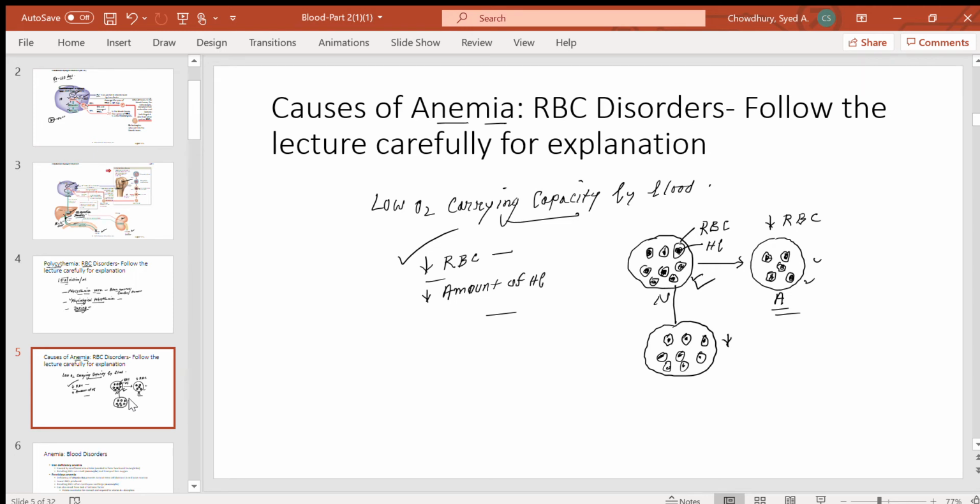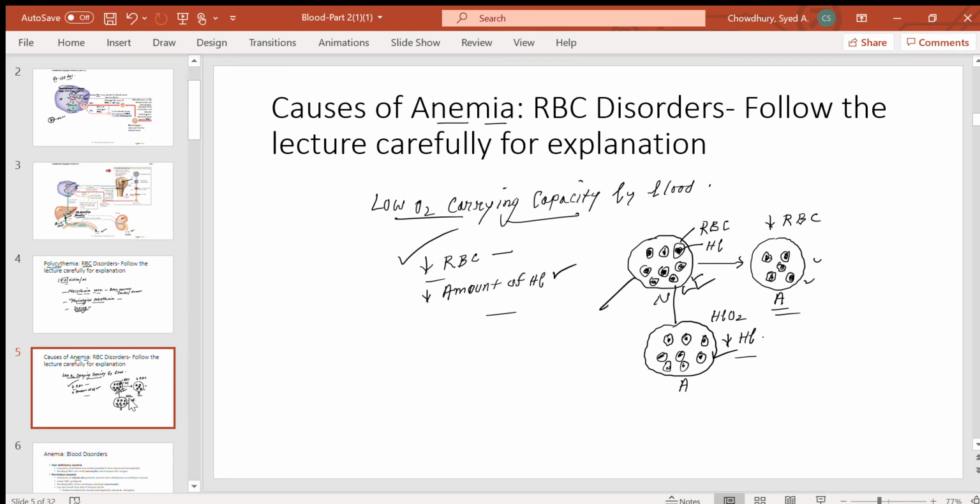Makes sense? Decreased because of less hemoglobin. So both are anemic because oxygen binds with the hemoglobin. We know that, right? To form oxyhemoglobin. So in this case, the red blood cell number is same as normal, but this is still anemic because the amount of hemoglobin is less. So less amount of hemoglobin can also cause anemia or low oxygen carrying capacity, right?